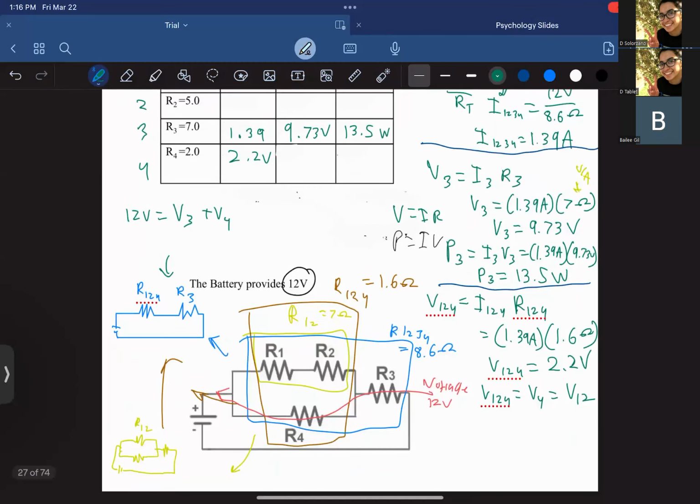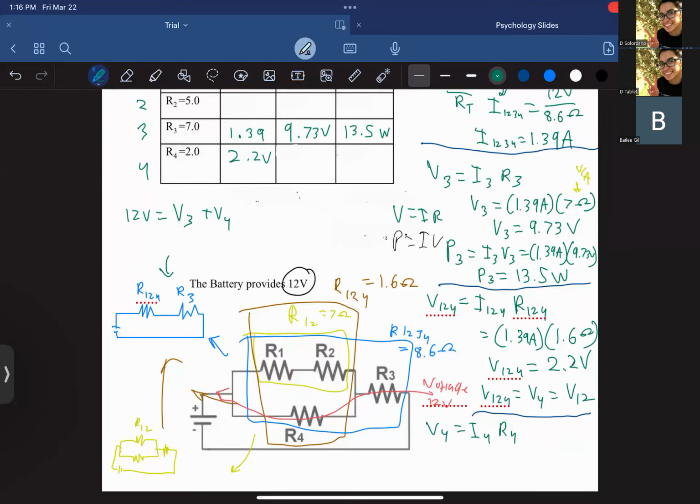And then we can continue with using the voltage of 4 to find the other values for 4. And draw a line here. V4 is equal to I of 4 and R of 4.